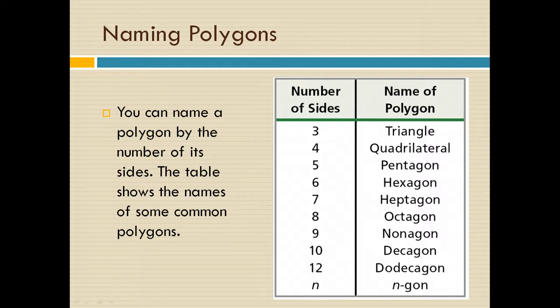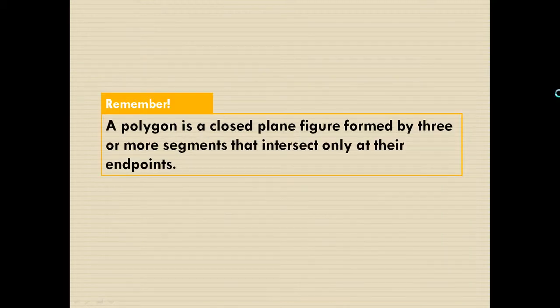Anything besides that we call n-sides or an n-gon. If it's 15, it would be a 15-gon. Remember that a polygon is a closed plane figure formed by 3 or more segments that intersect only at their endpoints.